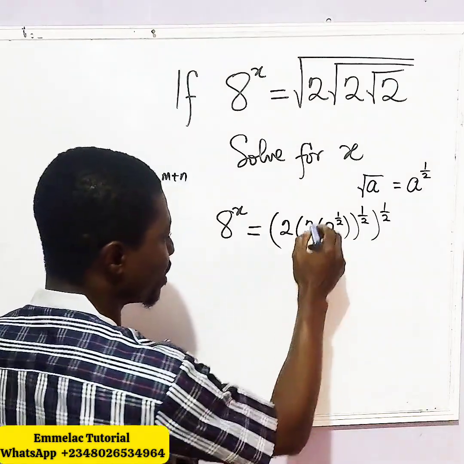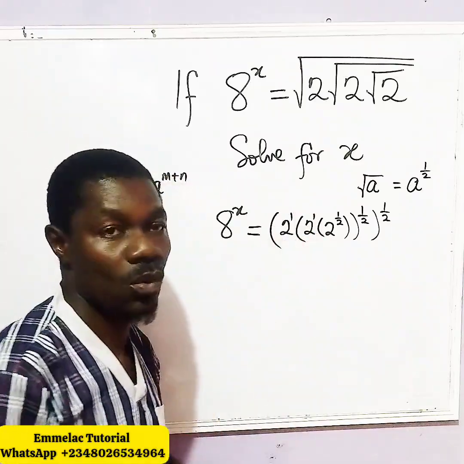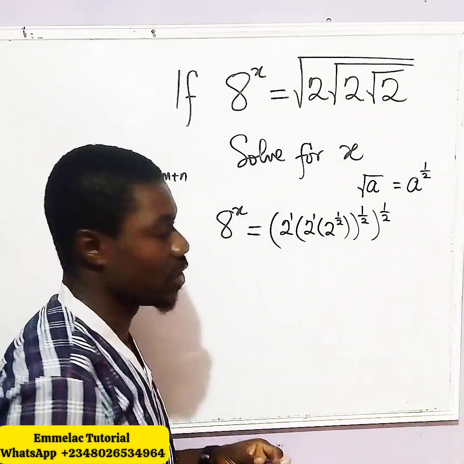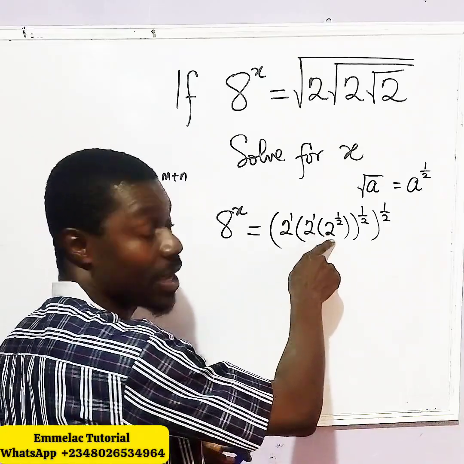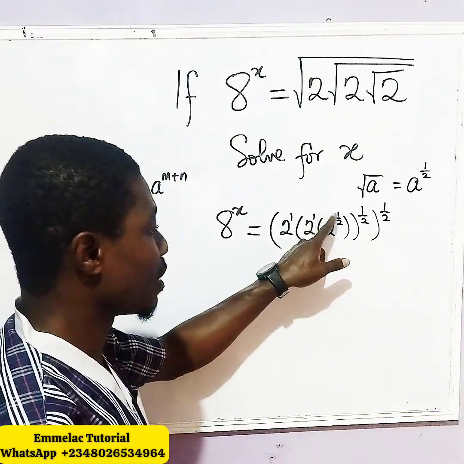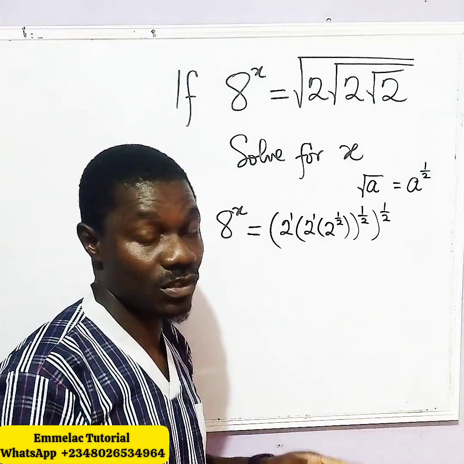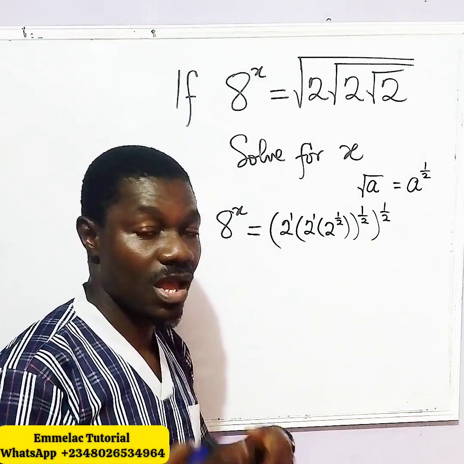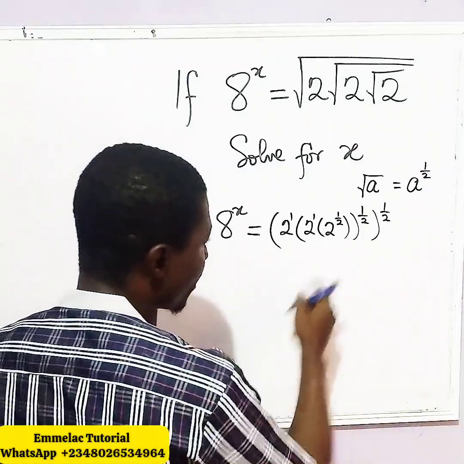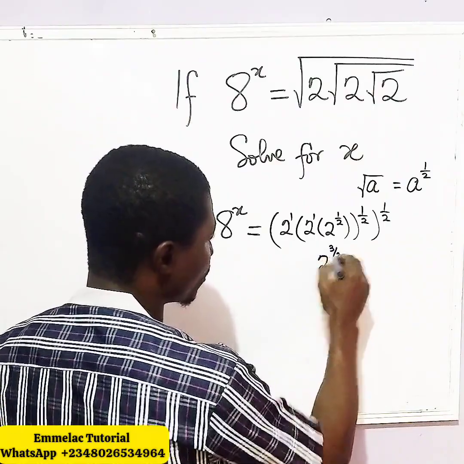Take note that this is raised to 1, and this is raised to 1 over 2. So 2 raised to 1 will multiply this, which means we need to add the exponents. So 1 plus half gives us 3 over 2 as an improper fraction. So here we have 2 raised to 3 all over 2.